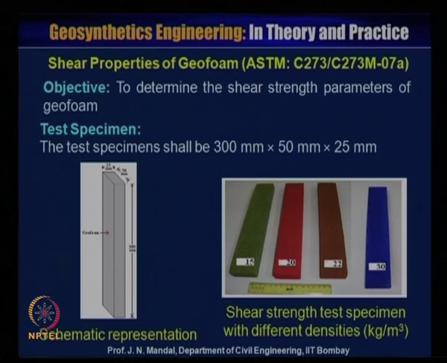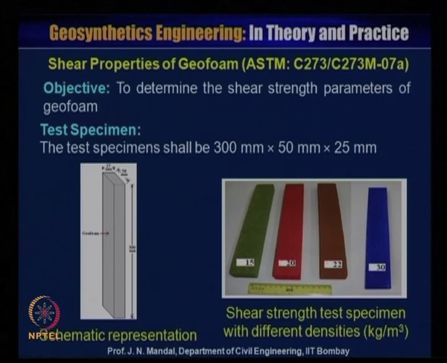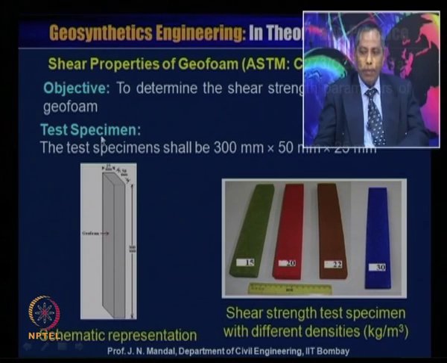The test specimen also shall be 300 millimeter by 50 millimeter by 25 millimeter. So, here is the schematic representation of the sample of geofoam. This is the 300 millimeter, this is 50 millimeter and this is 25 millimeter. You can see on the right hand side the shear strength test specimens with different densities.